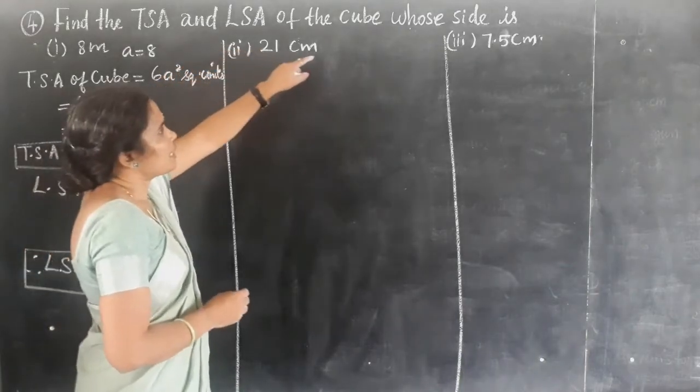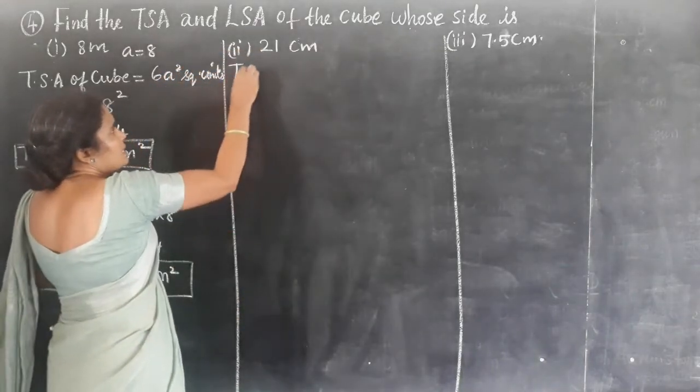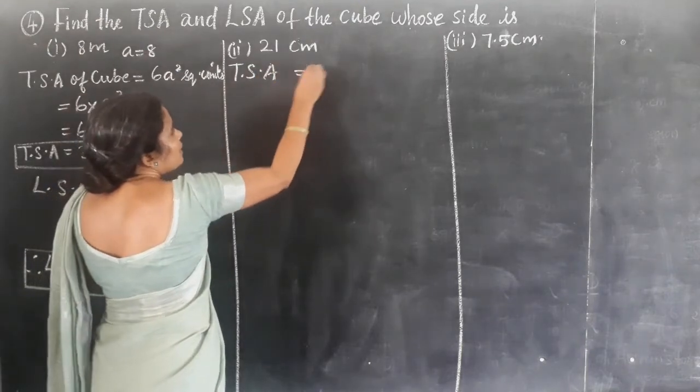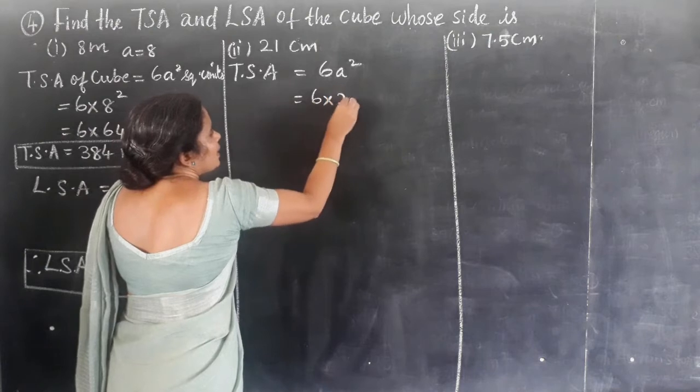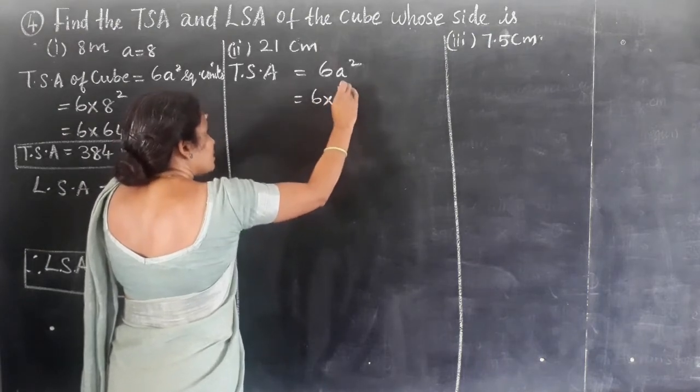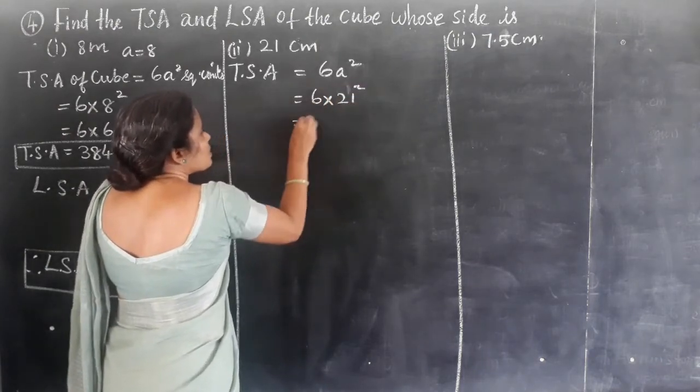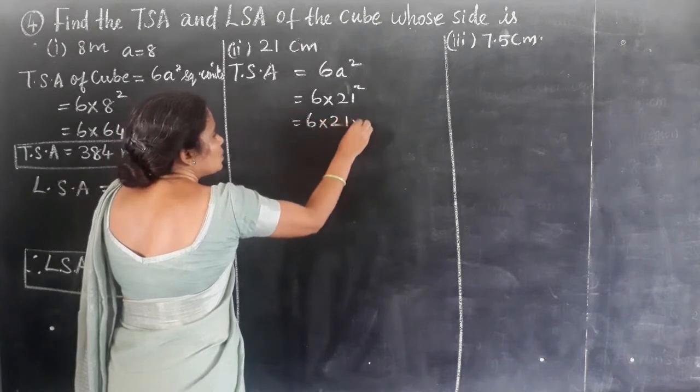So 21 centimeter. So TSA of a cube is equal to 6a square, 6 into 21 square. So 6 into 21 into 21.